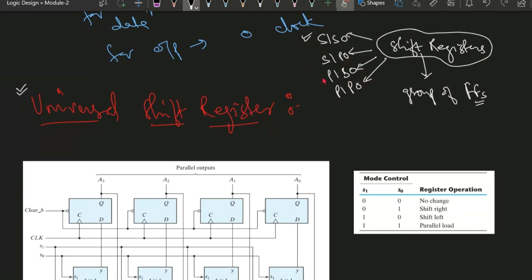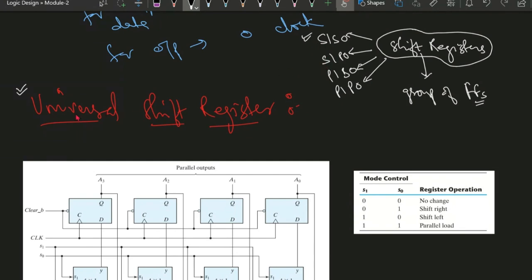These four categories of the shift registers are going to be combined together to form the universal shift register. Its meaning is, there are four different types of shift registers, and all these four types can be combined together to form a single shift register that will do the purpose of all these four shift registers.